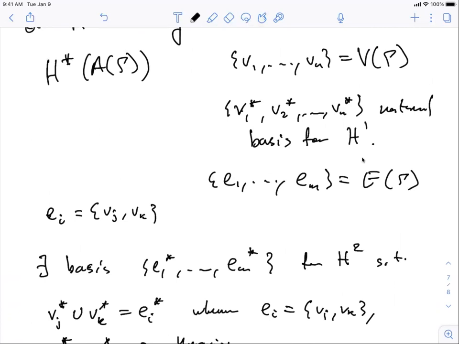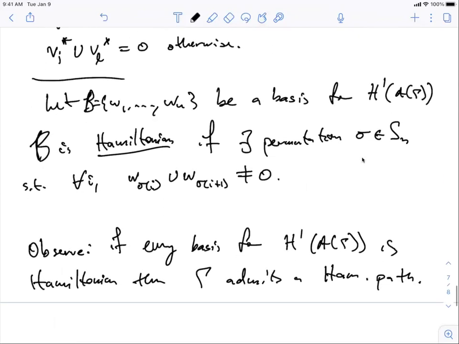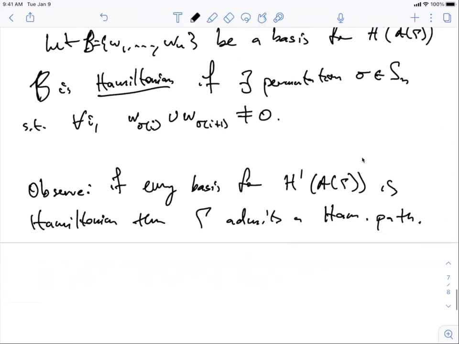What you've done is reshuffled them in such a way that consecutive ones are adjacent to each other. And so you get from V1 star to Vn star via a path consisting of duals to edges. So this observation is completely straightforward. It turns out that the converse is also true, but is significantly harder.